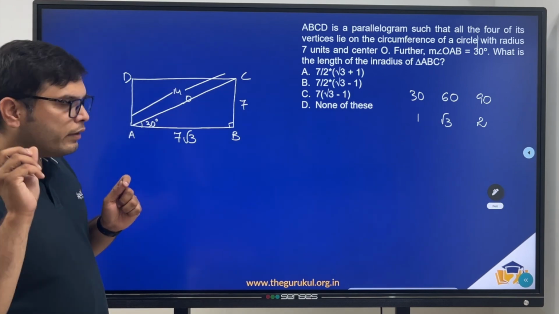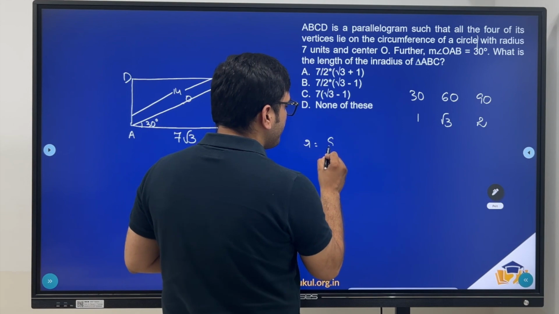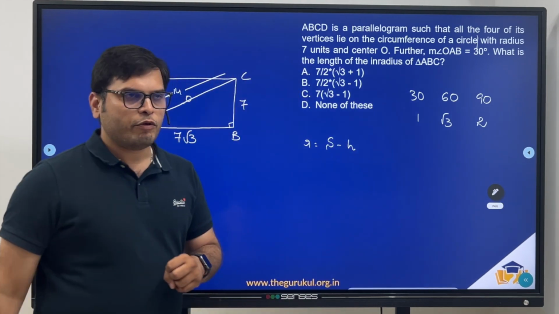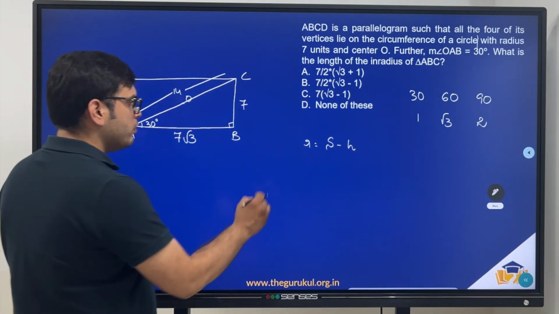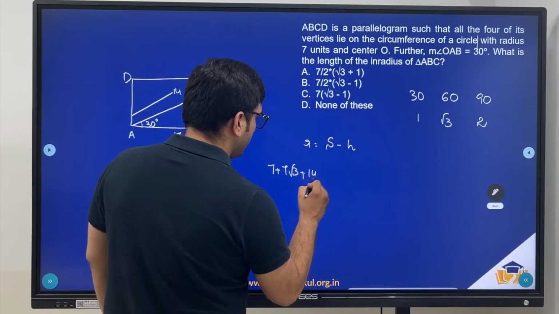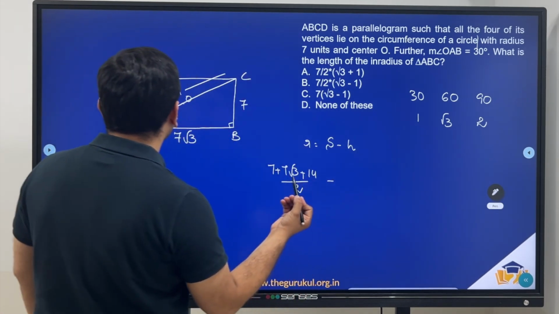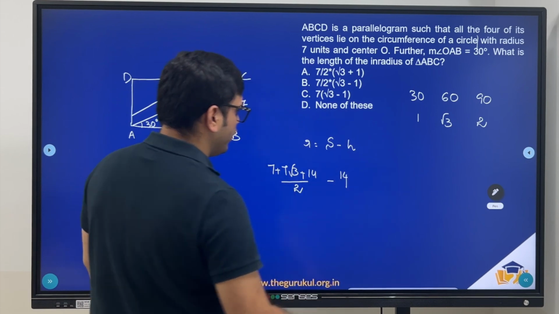Now we are asked to find the length of the inradius of triangle ABC, and this is a right angle triangle. In the case of a right angle triangle, the inradius is nothing but the semi-perimeter minus the hypotenuse. So what is the semi-perimeter here? (7 + 7 root 3 + 14)/2 minus the hypotenuse, which is 14.